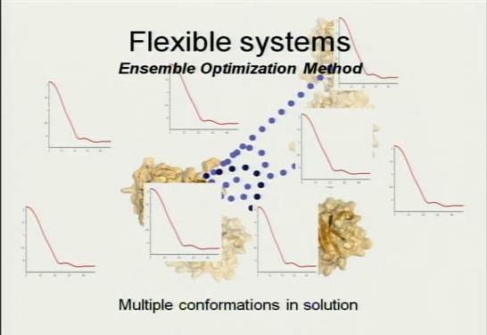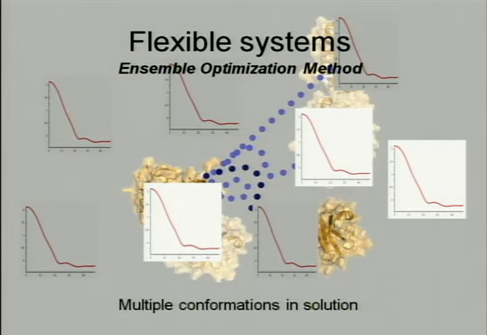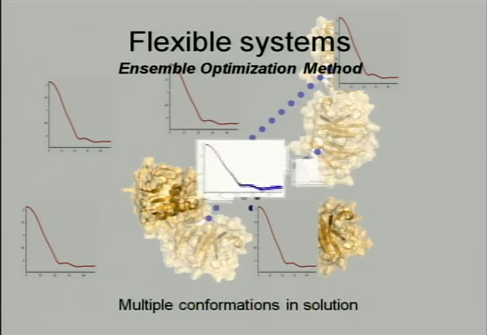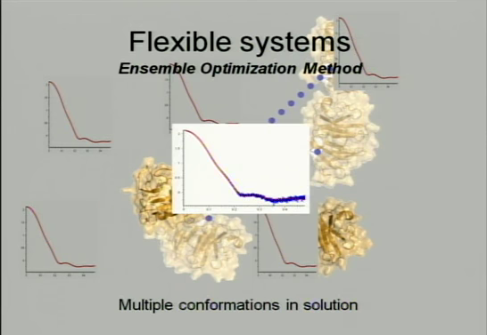So the distances between the domains will be different, and the conformation of the chain in between will be different. From each such model, we can calculate the theoretical scattering. And then we can start a genetic algorithm, an algorithm that would pick various groups of structures and try to fit the experimental data using a mixture of the structures.